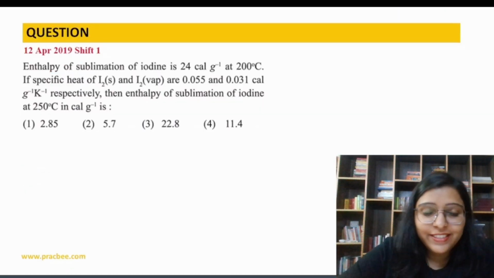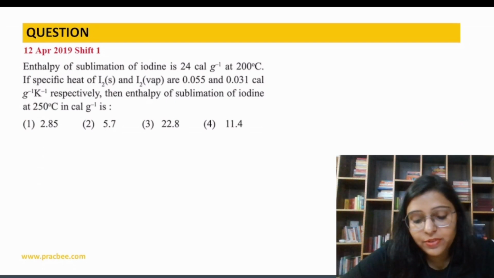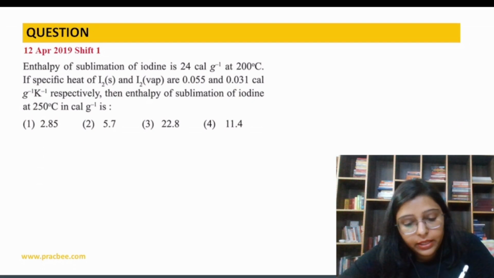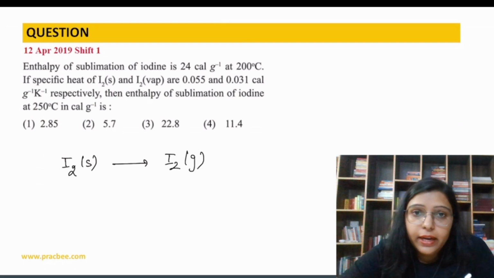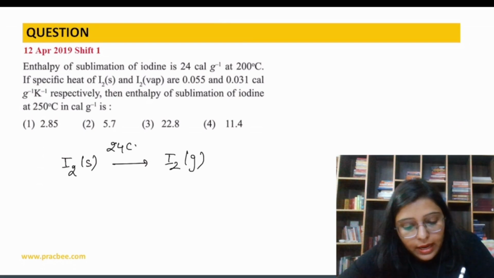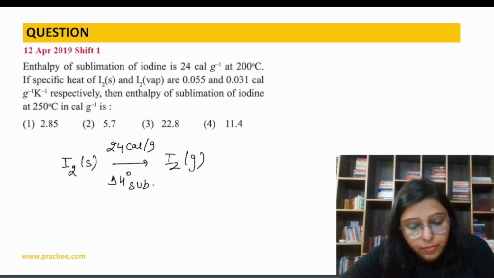That is the last question for thermochemistry. So let's do it. Enthalpy of sublimation of iodine, meaning it is converted to I2 gas, is equal to 24 calorie per gram at 200 degrees Celsius.